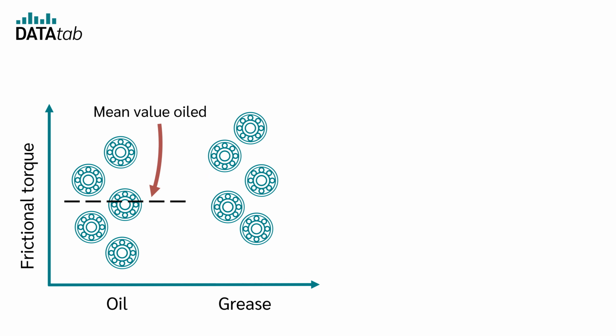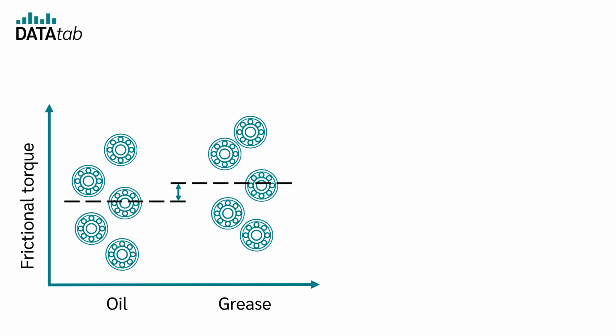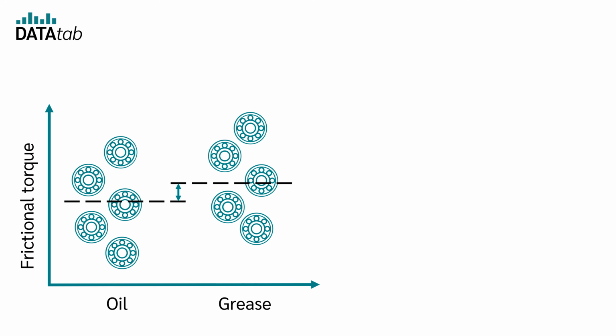We can now calculate the mean value of the frictional torque of the oiled and greased bearings. Then we can calculate the difference between the two mean values. In this sample, we can see that there is a difference between oiled and greased. However, we can already see that the frictional torque in the oiled and greased bearings is highly scattered.